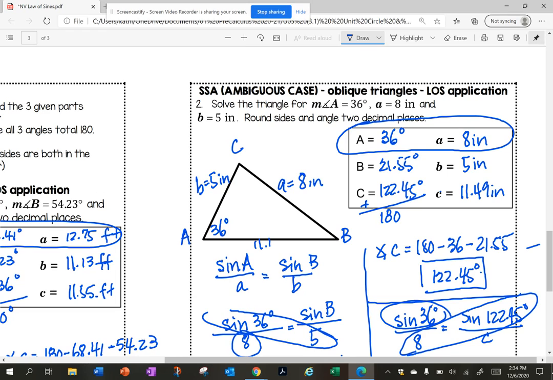So 11.49 inches, 21.55 degrees, and 122.45 degrees.